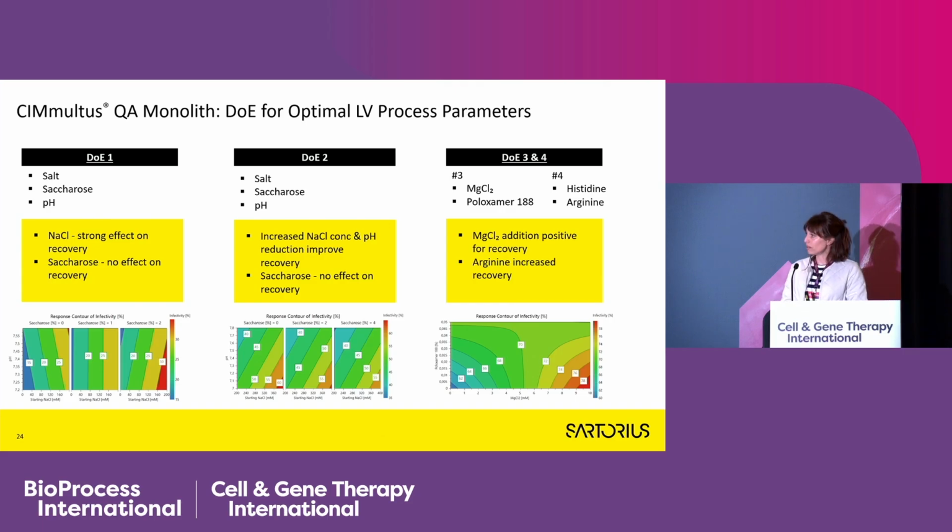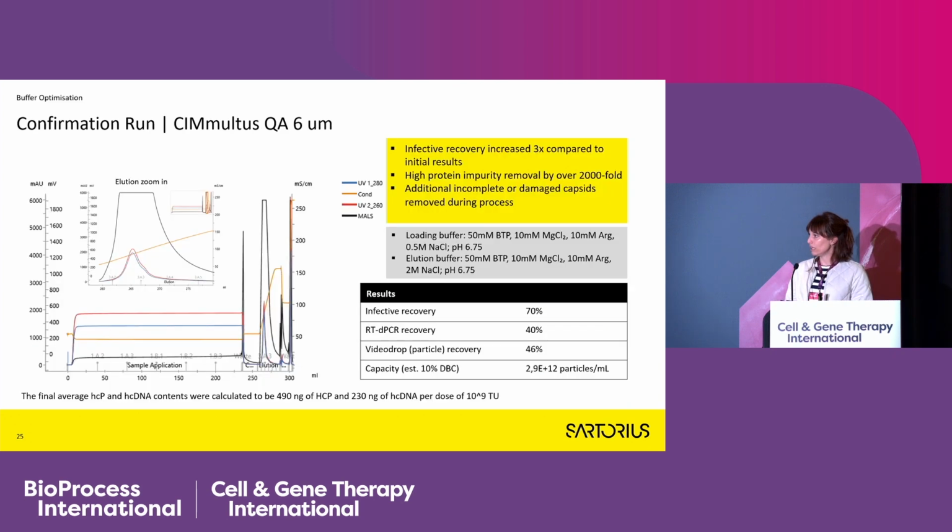And we did the scale up from 96 well plate, where all those DOE studies were carried out, to 1 milliliter column. And if you remember the chromatogram from the first slide, the QA column performed in a way that there were multiple peaks.